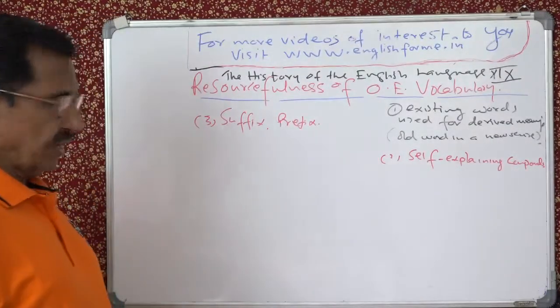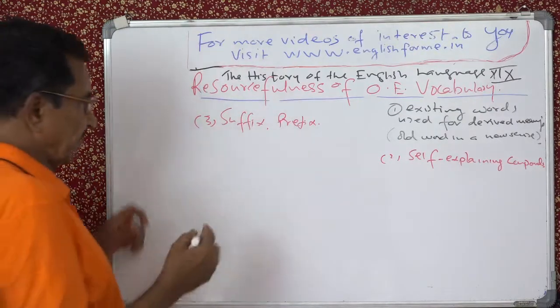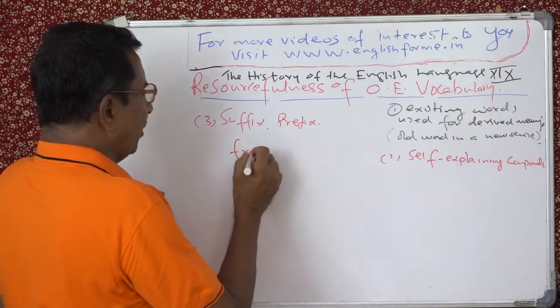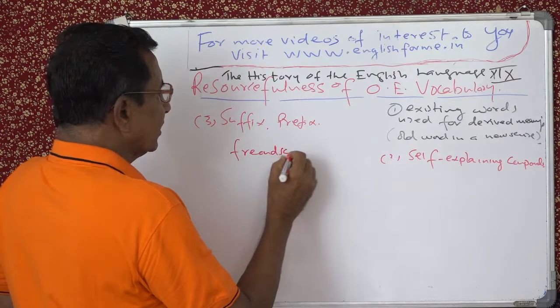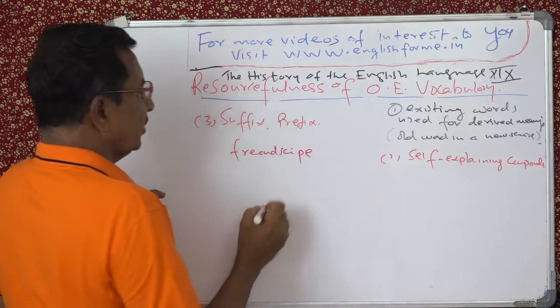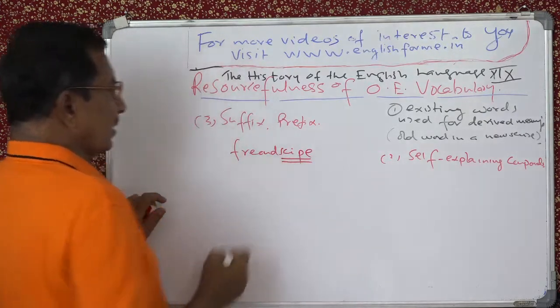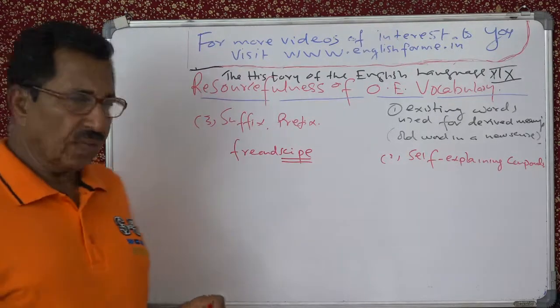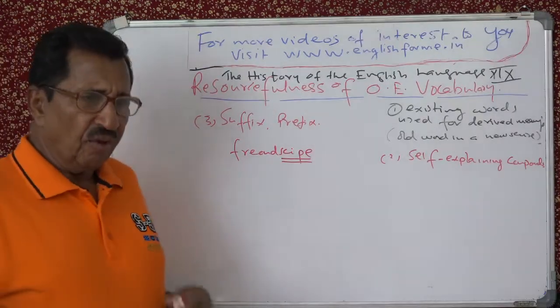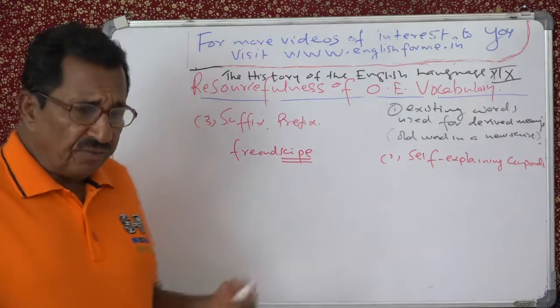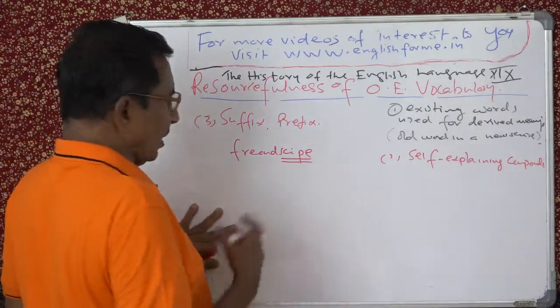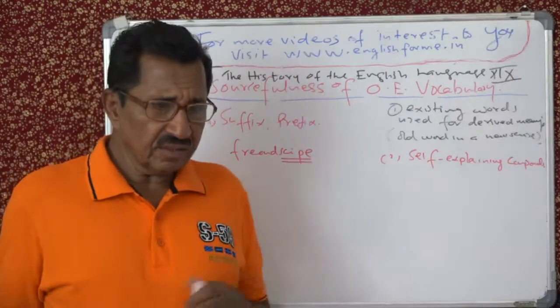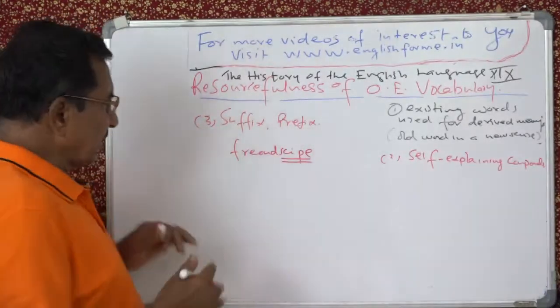See, words like friendship. Ship, that is the suffix. That's the meaning of friendship. Understand? That's very easy for you. Then with refine.